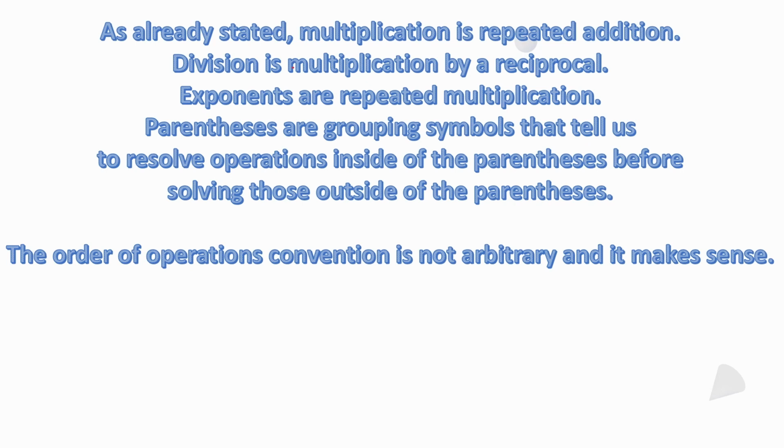So the order of operations convention is not an arbitrary thing, and it makes perfect sense. It's not like saying, on a number line, if you've got 0 in the middle, we typically put the positive numbers to the right, the negative numbers all go to the left. There's no reason why somebody couldn't have said, well, I want to put all the negative numbers to the right and the positive numbers to the left.